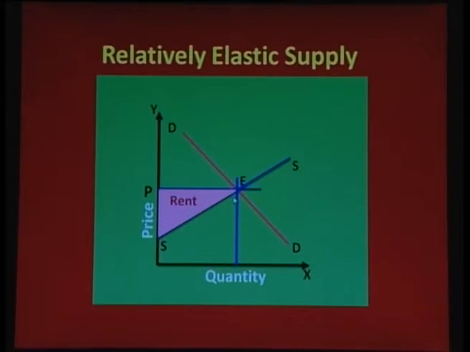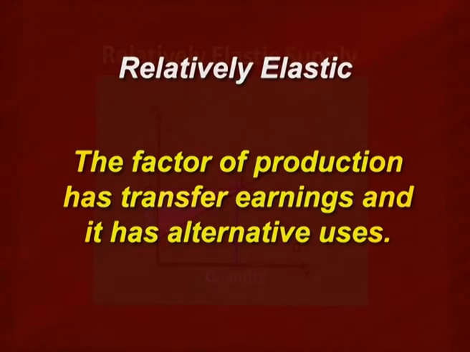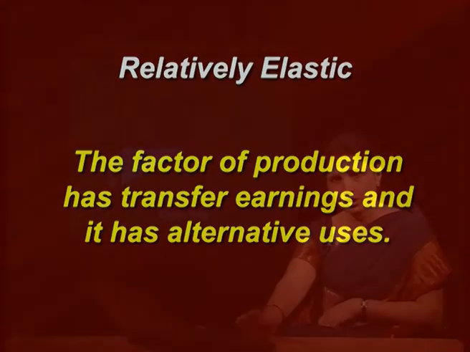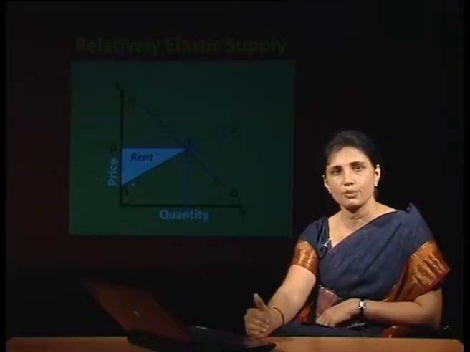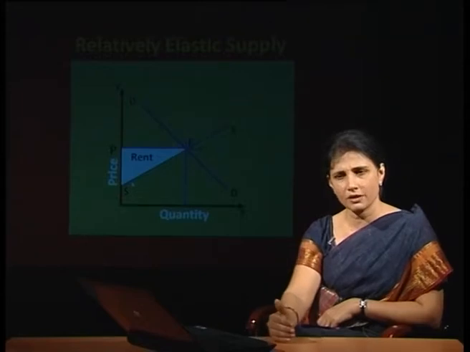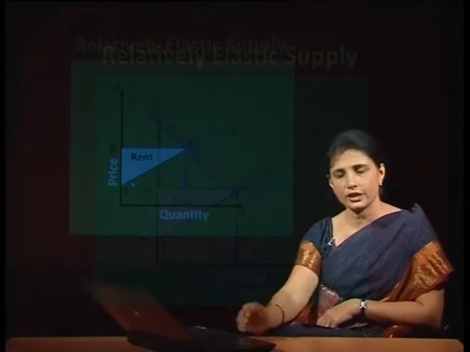As in this particular case, the supply curve is relatively elastic. Relatively elastic means that the factor of production has transfer earnings and it has alternative uses. So, it is closer towards non-specificity rather than specificity. It is not very specific, but it has alternative uses.